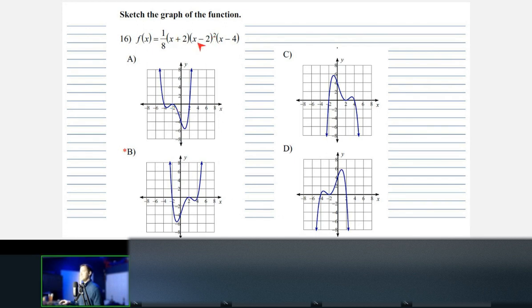It should bounce at x equals +2, which it does on the correct answer. So you can use your multiplicity rules to figure out opens up, opens down, and if it bounces or passes through, and go from there instead of using Desmos. Really up to you. Yep, no drag and drop. All right, let's go to number 21.